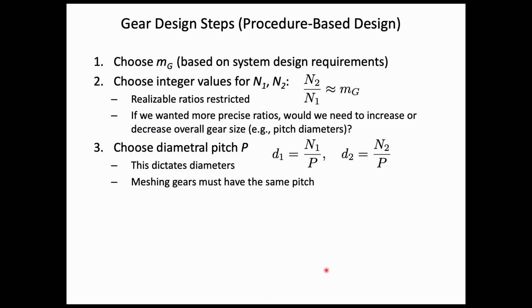And remember, meshing gears must have the same pitch. And remember, if we want to relate this back to circular pitch, it's just pi divided by the diametral pitch. There are geometric limits on pitch diameters due to things such as interference and constraints on contact ratio. We're going to discuss these limitations a little bit later.